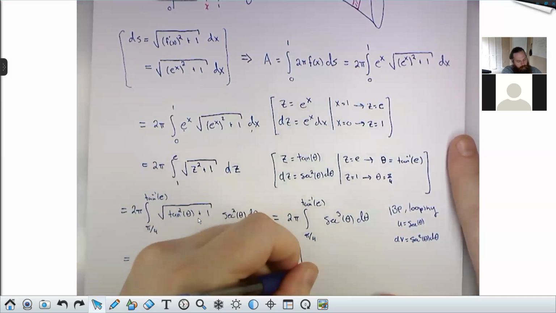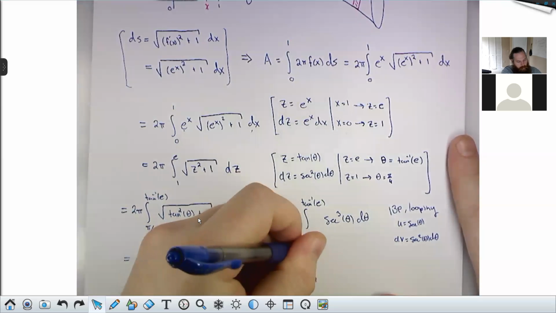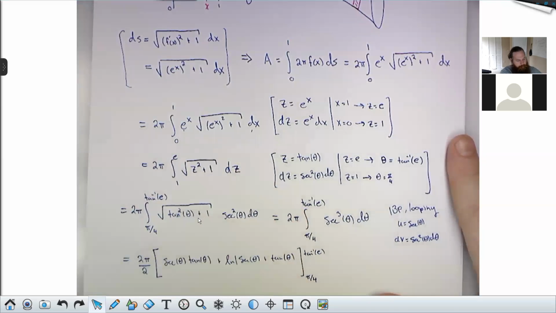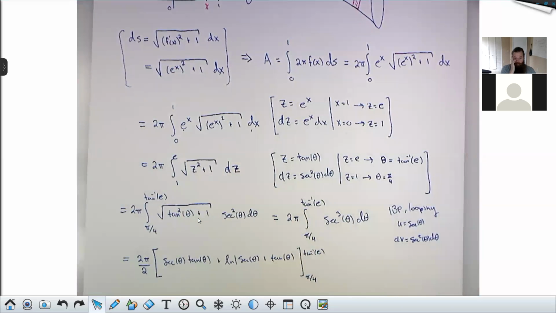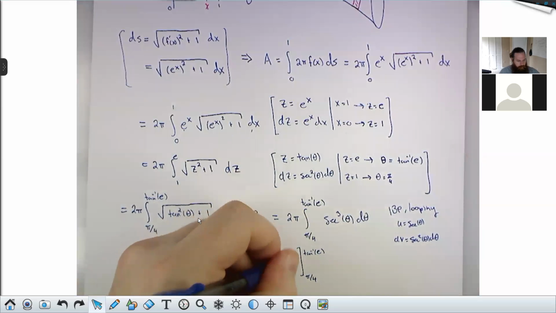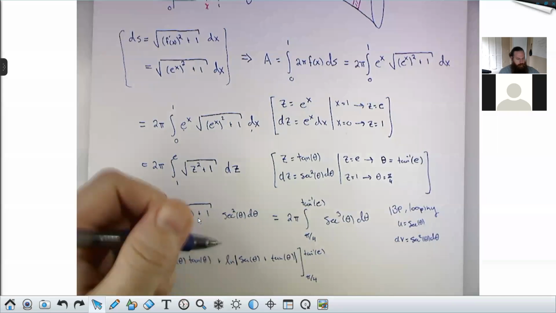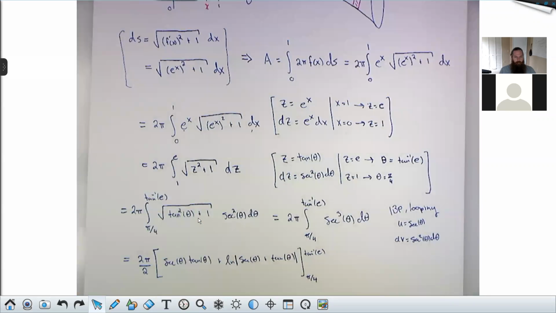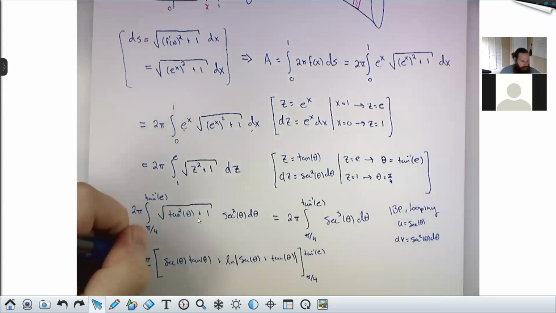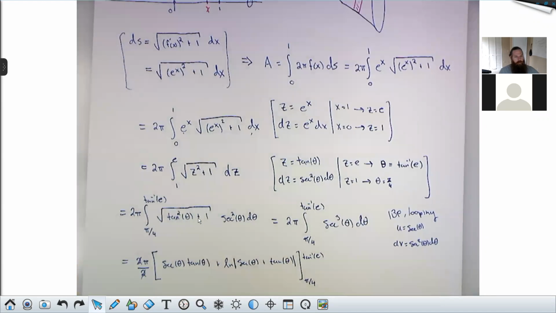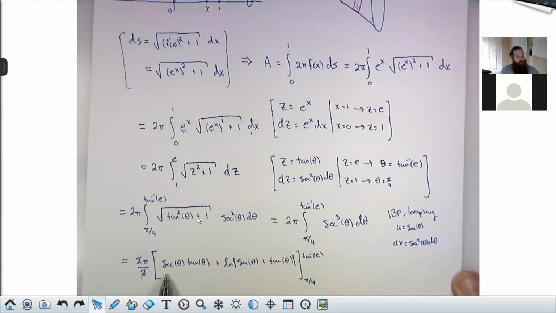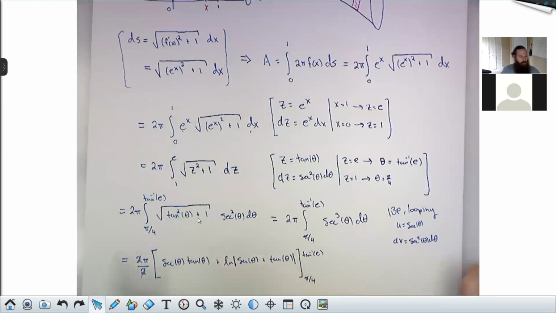So we need to evaluate that from pi over 4 up to the inverse tangent of e. Oh, I need to close this absolute value. So the 1/2 from the integral that comes from the looping will cancel with the 2 in the 2 pi. And then I need to evaluate this between these bounds.